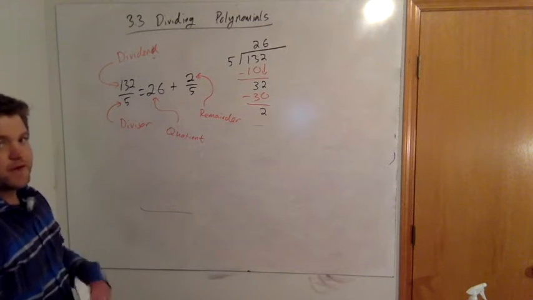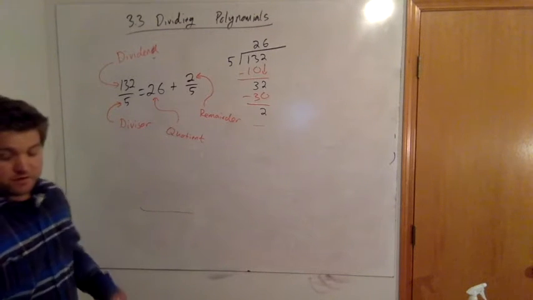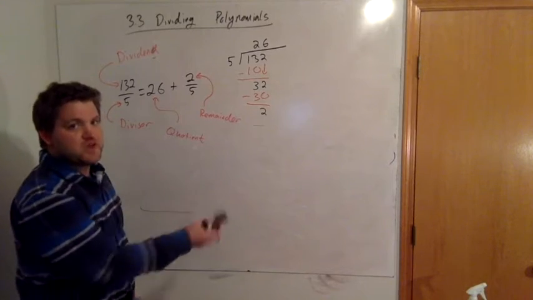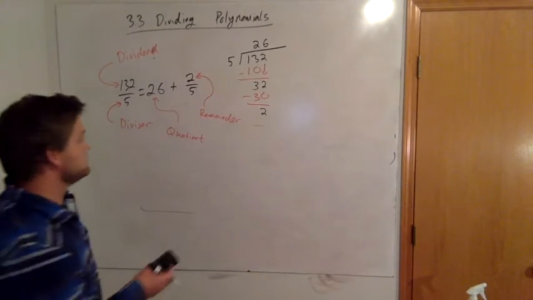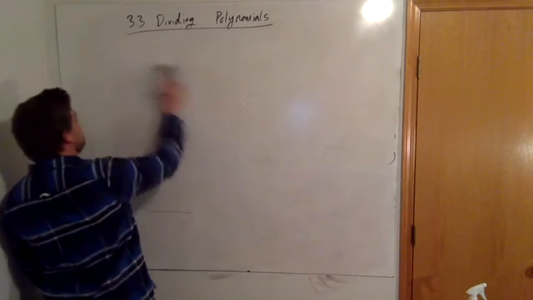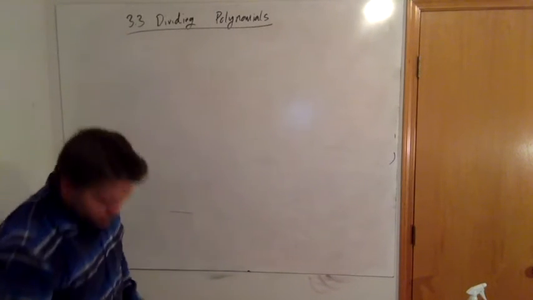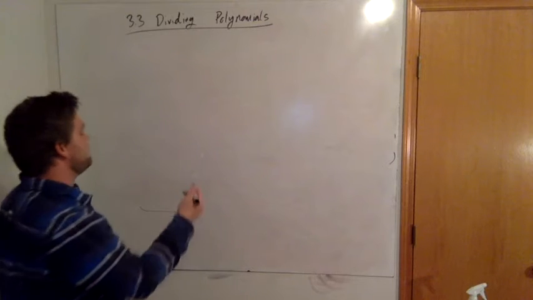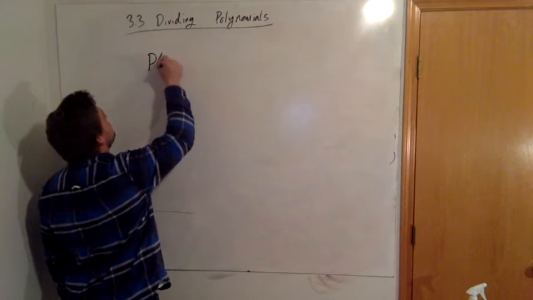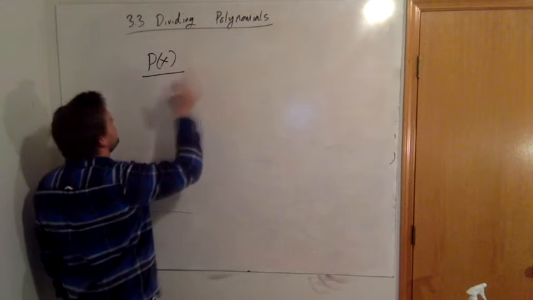So there is some vocab. So when we end up dividing polynomials, the algorithm is very similar. So if we're doing polynomial division, if we want some vocab with the polynomials, let's say I take a polynomial p of x, and I want to divide it by another polynomial.